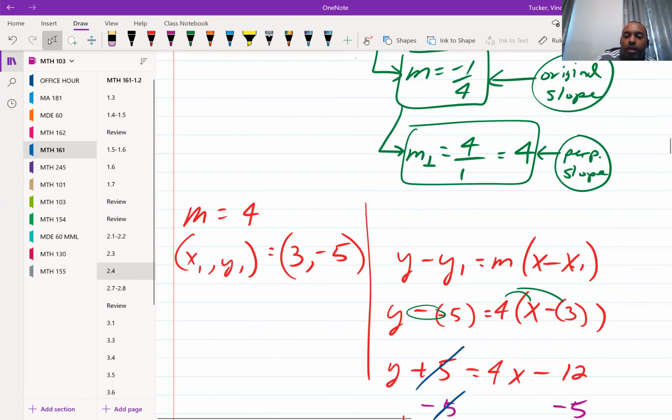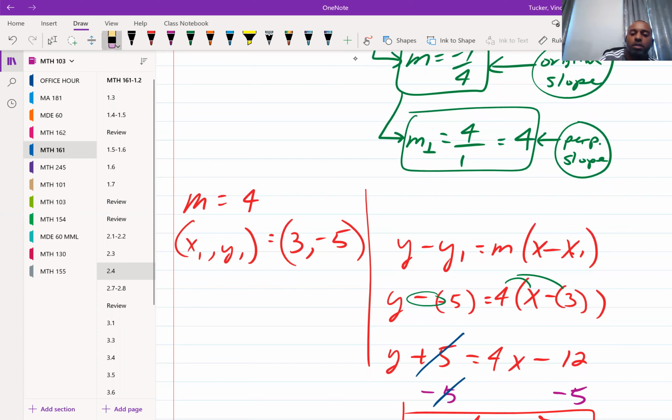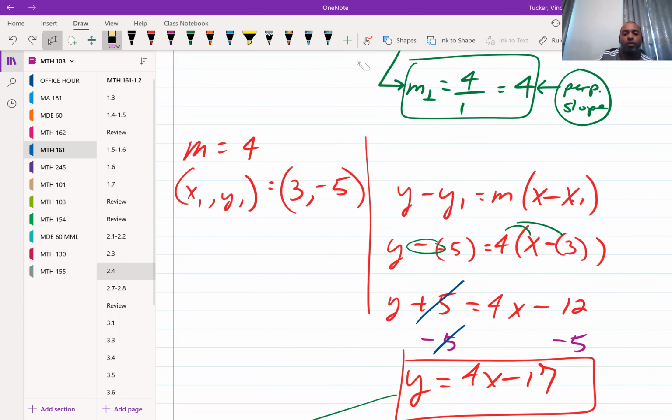We have a double negative there, y minus -5. Make sure you turn that to a +5. Distribute the 4. So we have y plus 5 equal to 4x minus 12. Then to simplify it as much as possible, we will subtract 5 from both sides. y is equal to 4x minus 17.